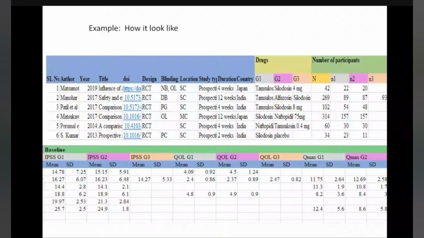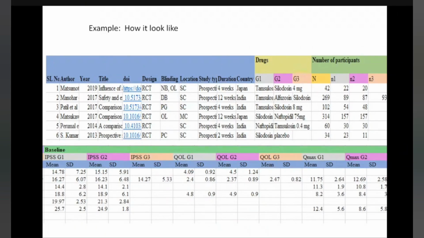And this is how the extraction sheet looks. I will not go in depth on the extraction sheet because it will take more time. This is how a well documented extraction sheet looks. We have to document everything: sociodemographics of our included studies, like author name, year, title, DOI, design, what type of design it is, whether blinding is there or not, what type of interventions they have given, and which country.